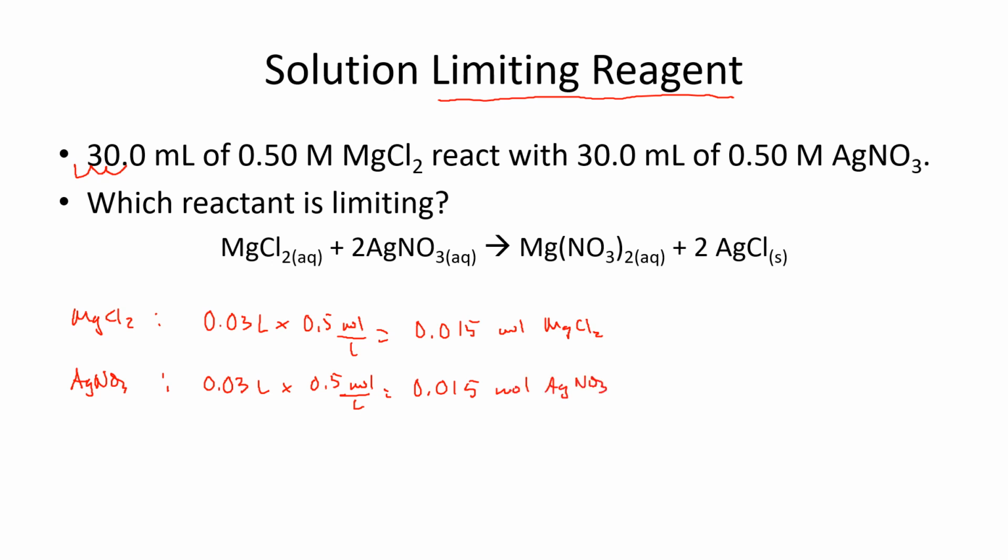However, in order to determine which one's going to be limiting, you're going to divide by the coefficient. And since that's a 1 and that's a 2, that makes this guy your limiting reagent. The alternate way would be to use the concentration and the volume of one to figure out what volume of the other would be required, and then you compare it to the volume that you have. But I usually use this way.